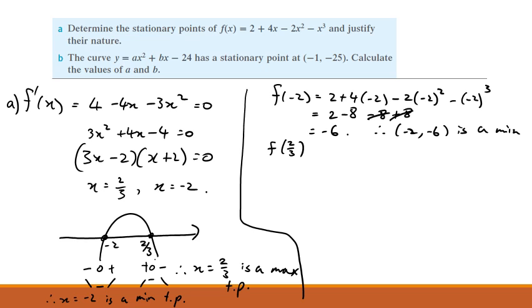And at 2/3, I'm going to change my calculator. So we get 94 over 27.